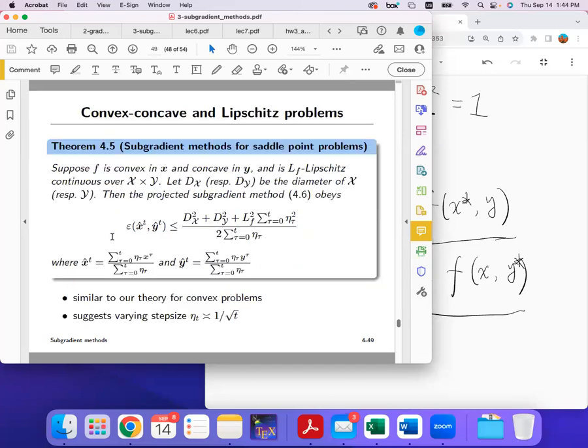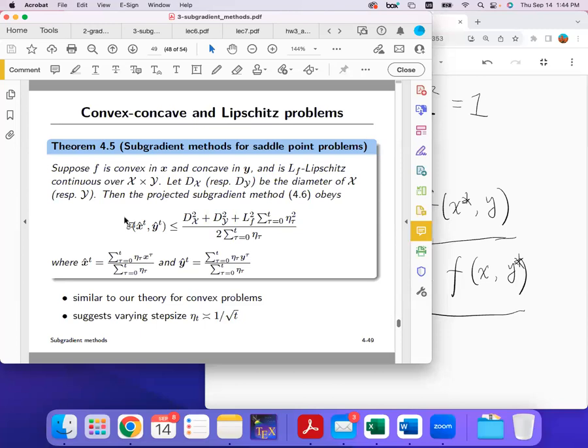We have 1 minute left. Maybe we can first overview the convergence rate. This convergence rate is about convex-concave problems, and suppose they are Lipschitz continuous, and let dx, dy be the diameter of these constraints, basically the diameter of the domains of x and y. Then the projected subgradient method satisfies this criterion.